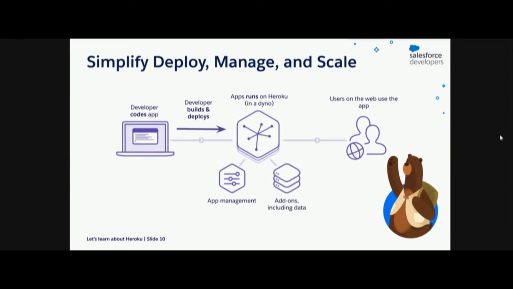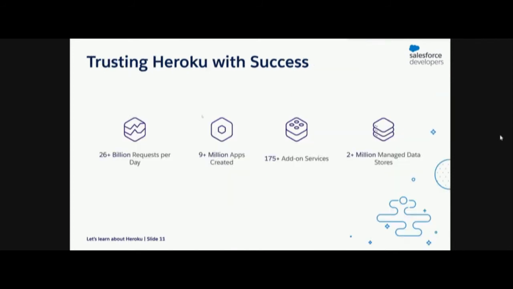Heroku takes care of running the application on a dyno, manages your application, and you will be able to add different add-ons, for example, a database, and we are going to be seeing how to add a database to our application. And then the users will have access to our website. You can go ahead and open that website that I just deployed on your computers, and you are going to see the same result. You are going to see the Node.js getting started page in there.